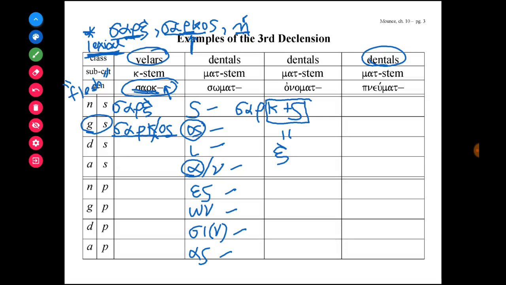So if you haven't done so already, from this point on, whenever you write the lexical form when you parse a noun, it is no longer okay to write, for example, logos and then the definite article.